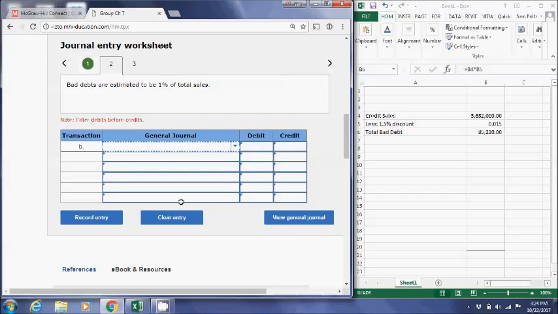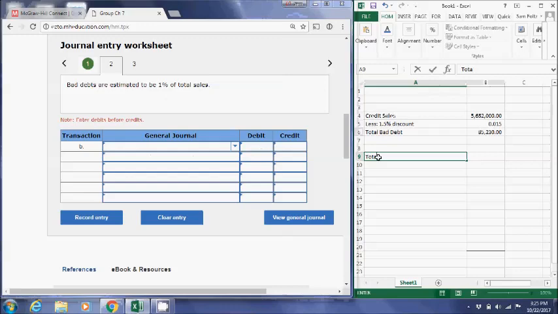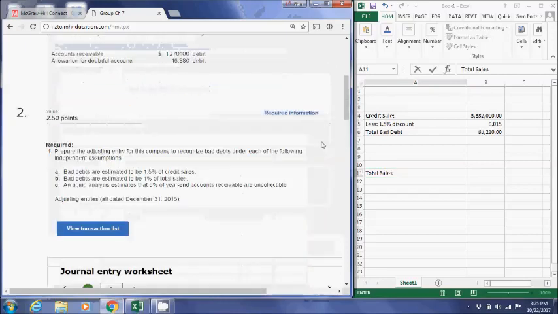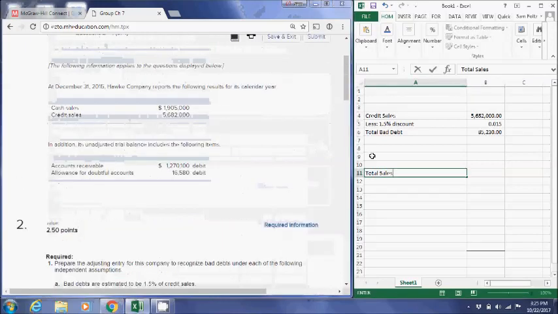And now it says, look at the independent assumption where bad debts are estimated to be 1% of total sales. Okay, so we need total sales. Oh, so let's figure that out. If I need total sales, what am I actually looking at here? And you'll see that we have cash sales and credit sales, so we need to do a little bit more math.